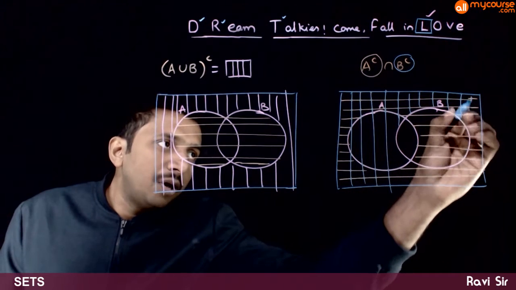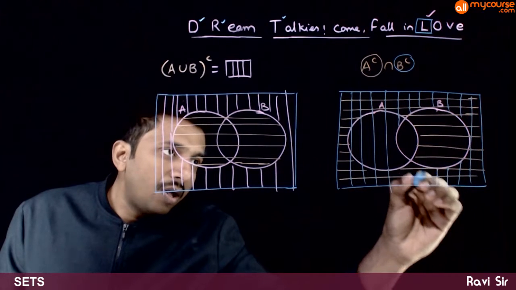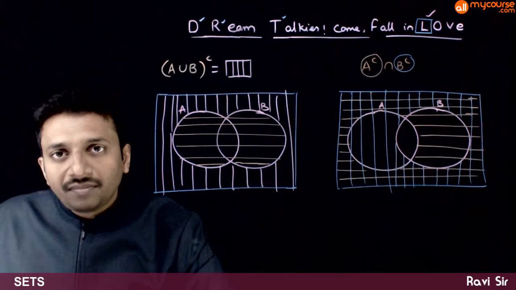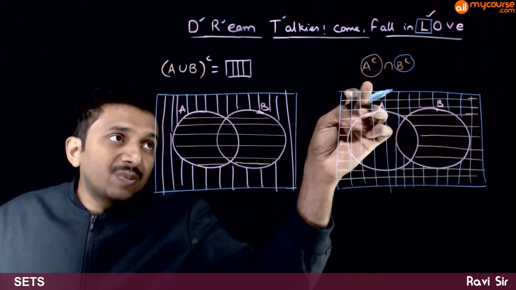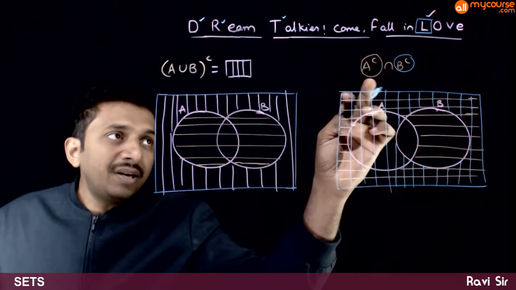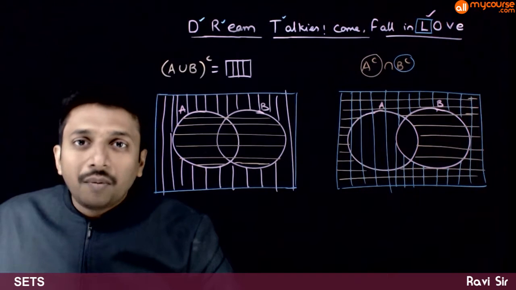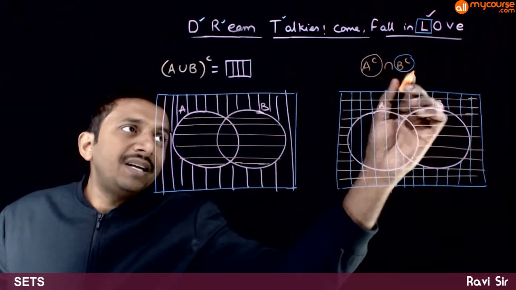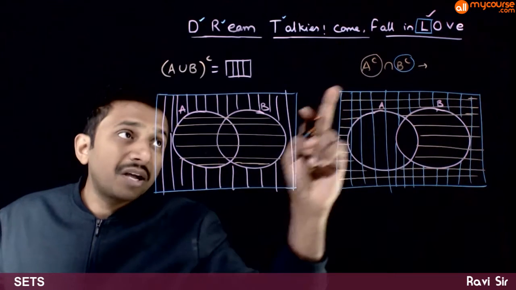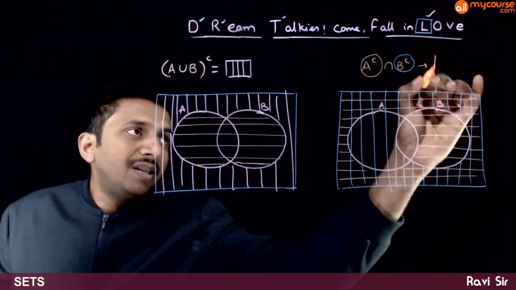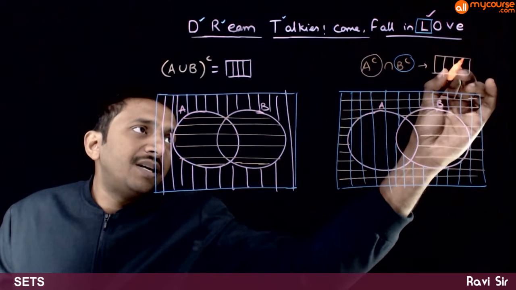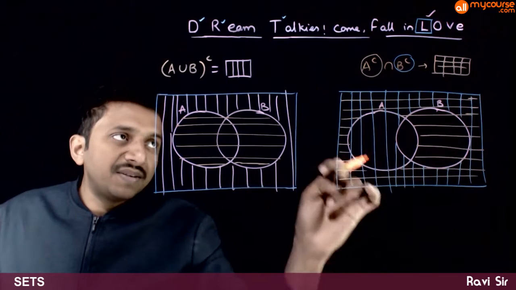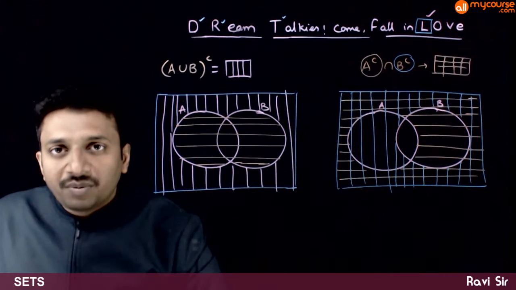I should not go inside B, so all the region except B. The region corresponding to horizontal lines is A complement, and the region corresponding to vertical lines is B complement. I want A complement intersection B complement, that is the common region of these two. That is the region represented by the checked portion.